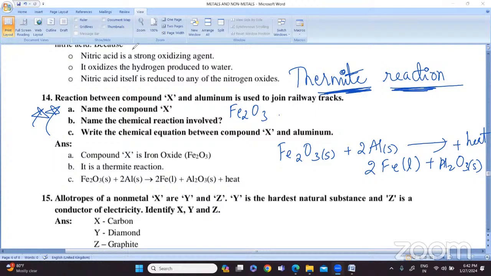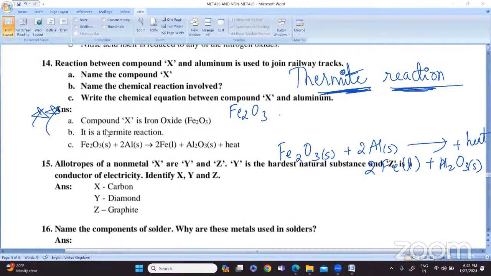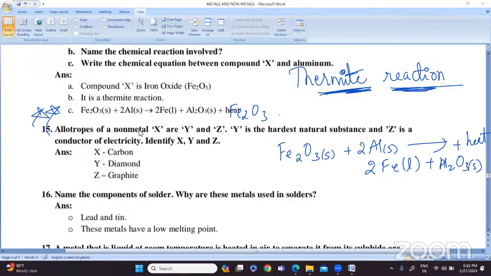Okay. So next question. Allotropes of a non-metal X are Y and Z. Y is the hardest natural substance and Z is the conductor of electricity.